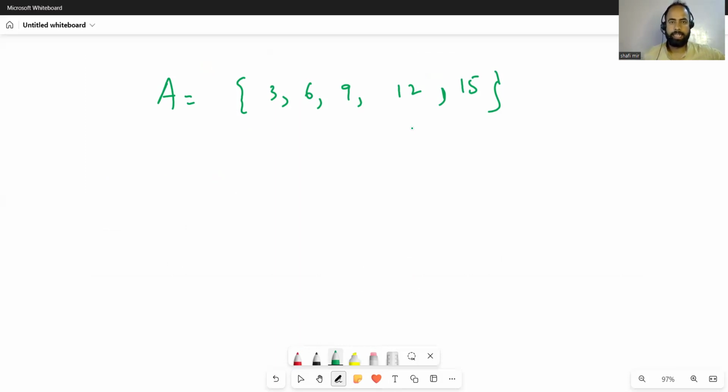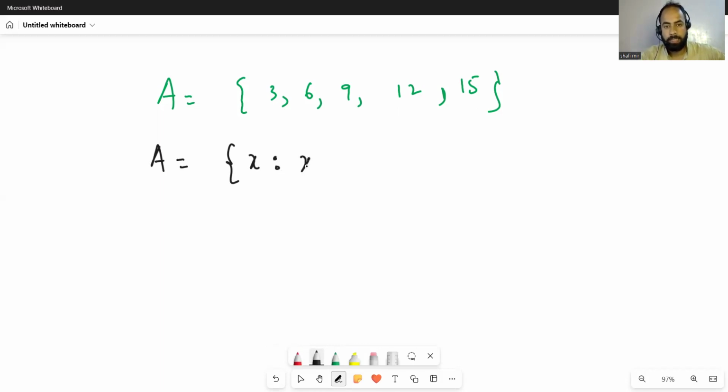Now, can you write this set in the set builder form or in the rule method form? We have to define some rule which will represent all these elements. So, we'll say set A contains X such that, now define this X. What is this X? You can see 3, 6, 9, 12, 15. These are all multiples of 3, but up to the fifth multiple only.